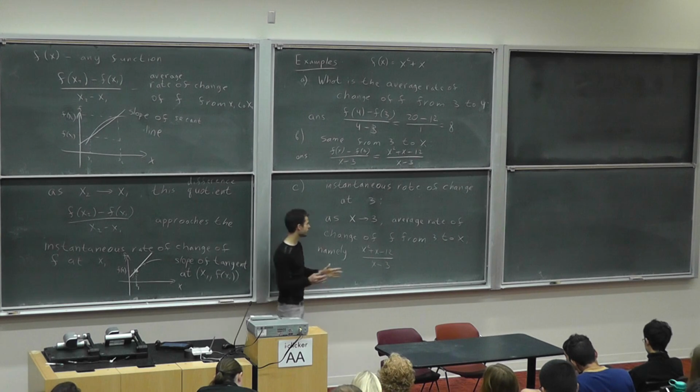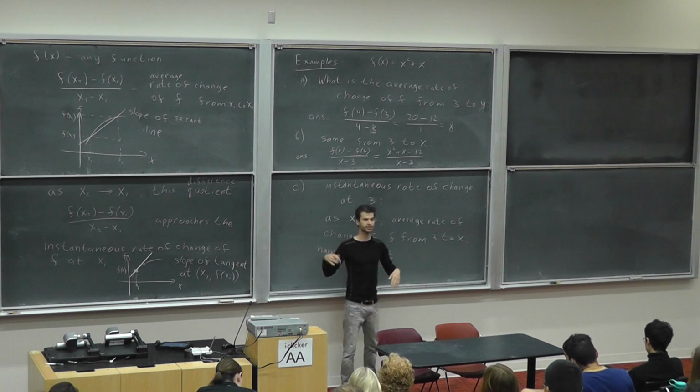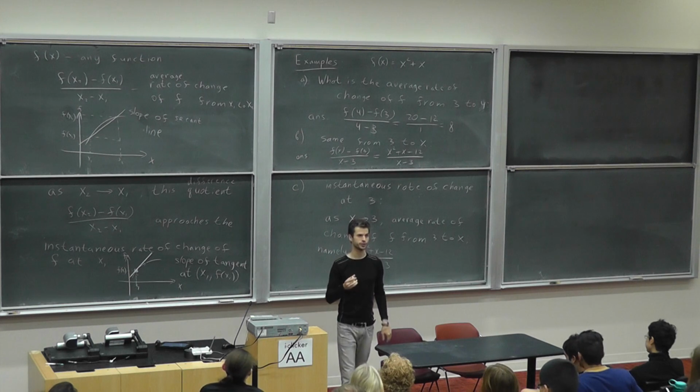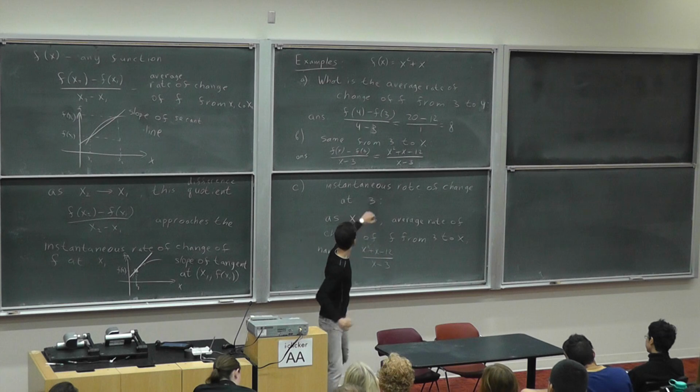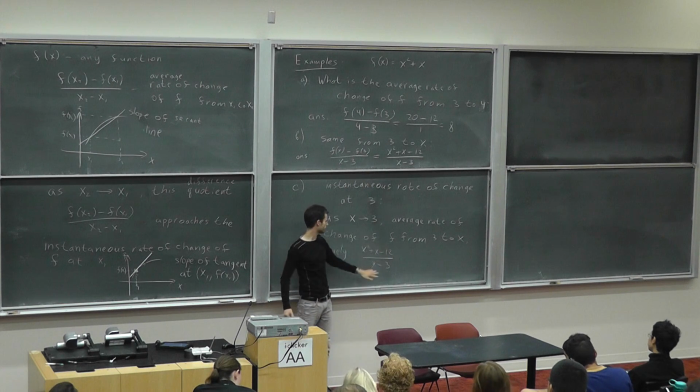So as I take my x closer and closer to the point 3, think about 3.1, 3.0001. What happens to this average rate of change, this expression?